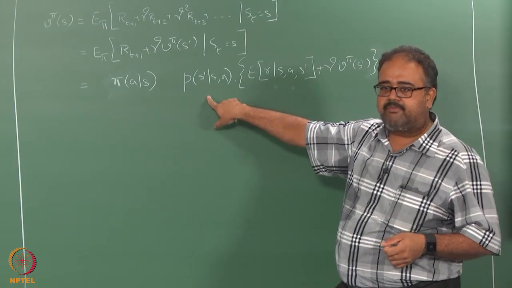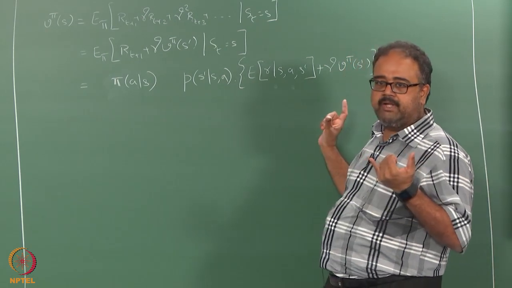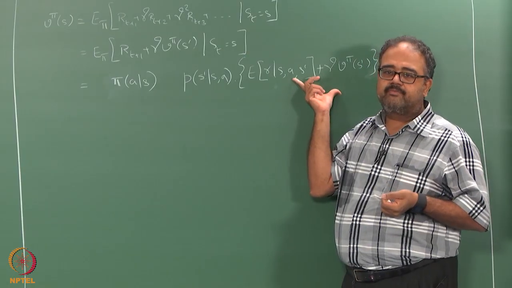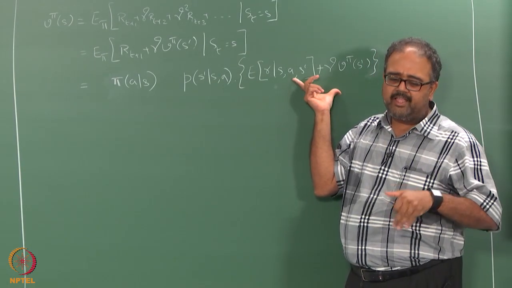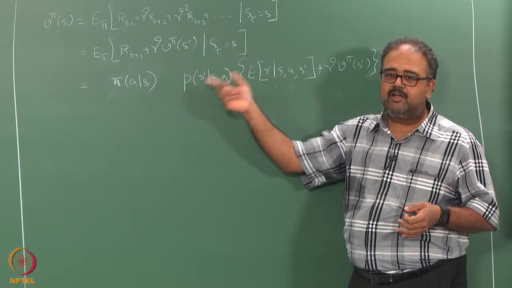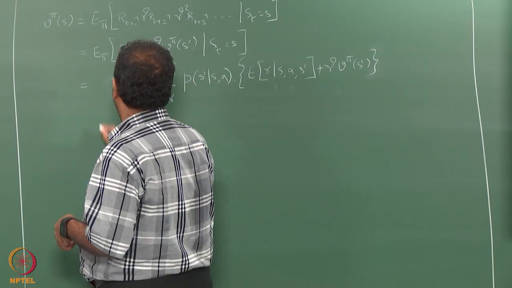It is this times the probability I will pick action A. So this whole thing gives me the probability that this will be my expected return. Okay, so now I have to do this over all possible outcomes. So basically a sum over S prime.